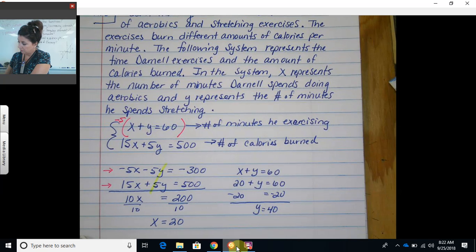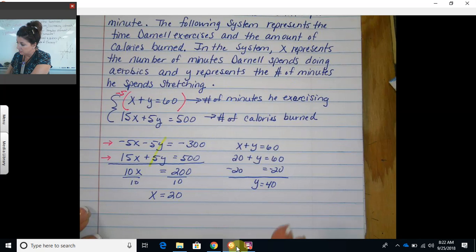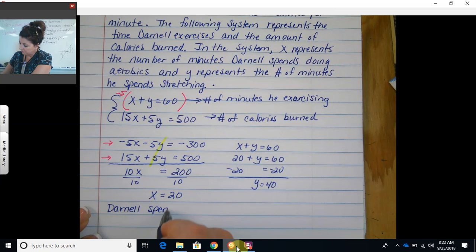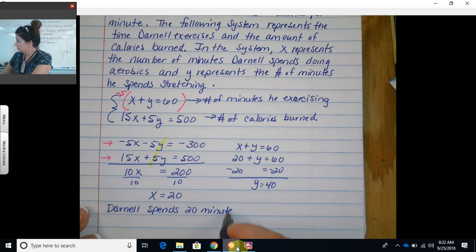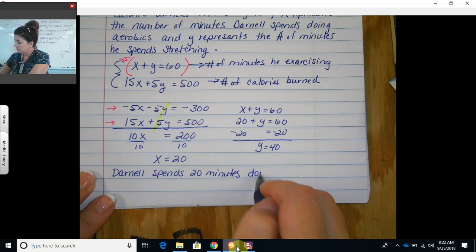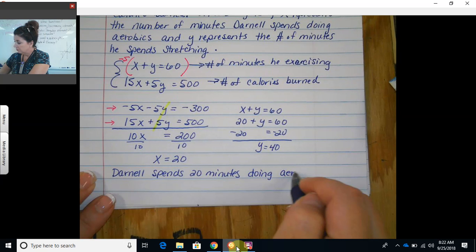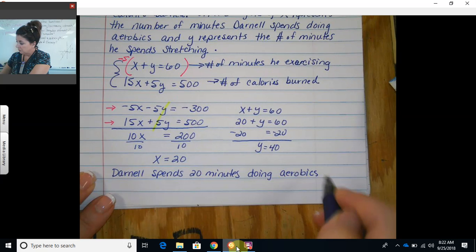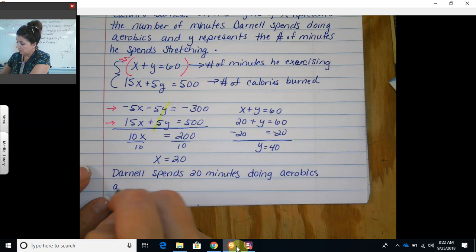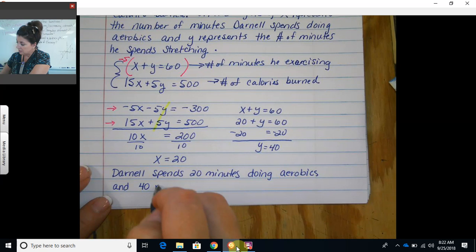Of course, it's a word problem, so I'm going to answer the question with words. The question says, in the system, x represents the number of minutes Darnell... we didn't actually write the question down, I just said it out loud. So I'm just going to say Darnell spends 20 minutes doing aerobics and 40 minutes stretching.